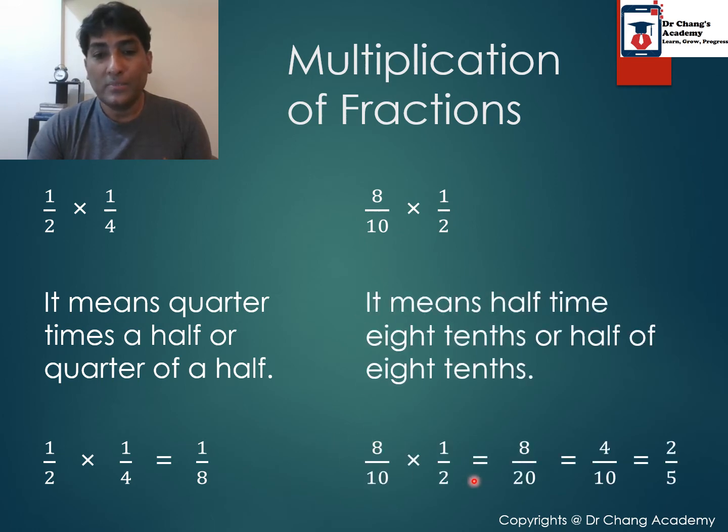Procedurally, 1 times 8 is equal to 8, and 2 times 10 is equal to 20. Now we can simplify 8/20 into 4/10. So that's why the answer is 4/10. But conceptually, we know that half of 8/10 is 4/10, and that's what we see here.